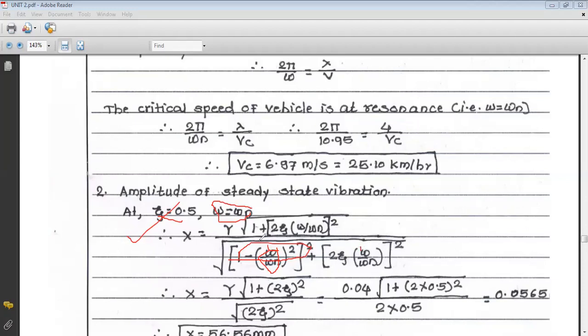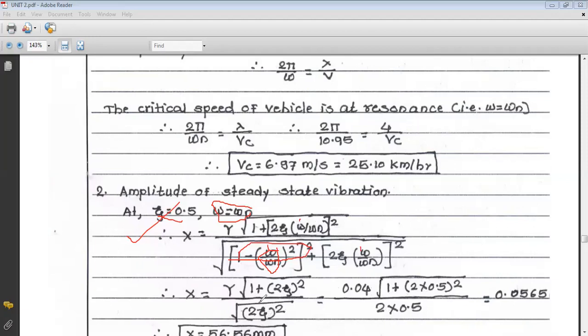So in the numerator there is the term Y square root of 1 plus (2 zeta) whole square, divided by square root of (2 zeta) whole square. Y equals 0.04. So 1 plus (2 into 0.5) square, divided by square root of (2 zeta) square.